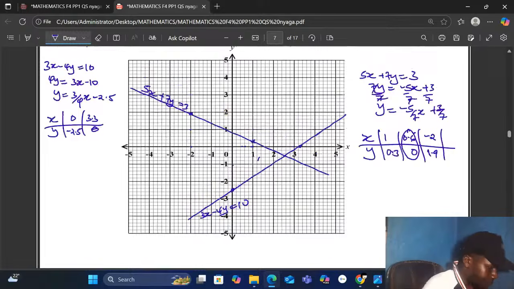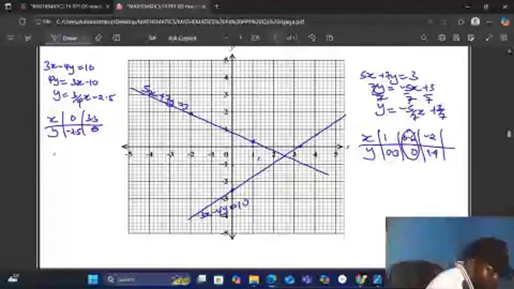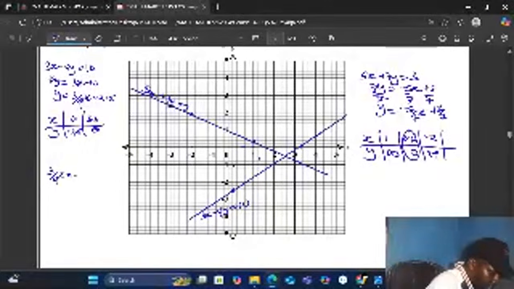We are given that 3x over 4, that is giving us now 2.5.